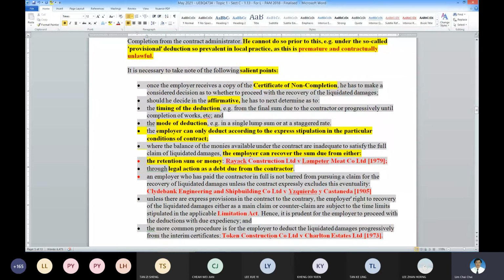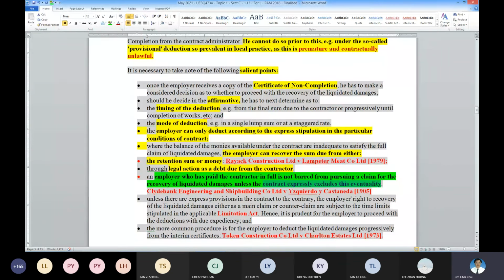Okay. So for an employer who has paid the contractor in full, for example, after the final certificate is already issued and all the money paid already, can the employer take the LD back? It depends on the contract that is signed.